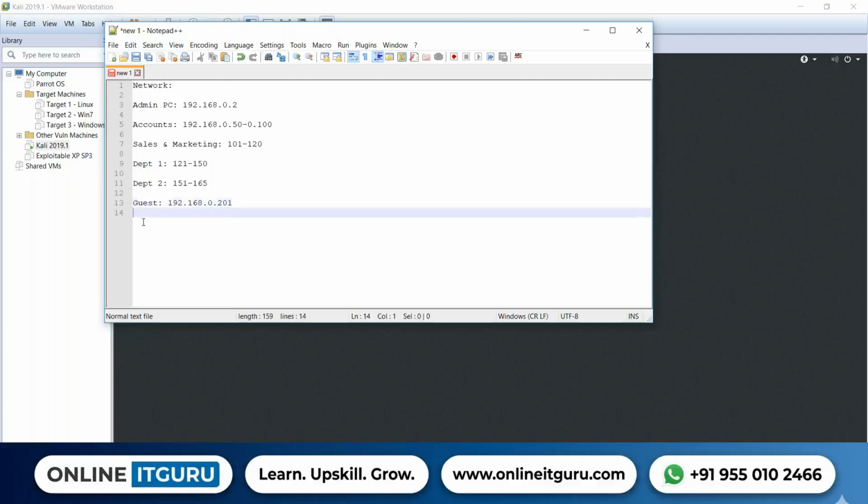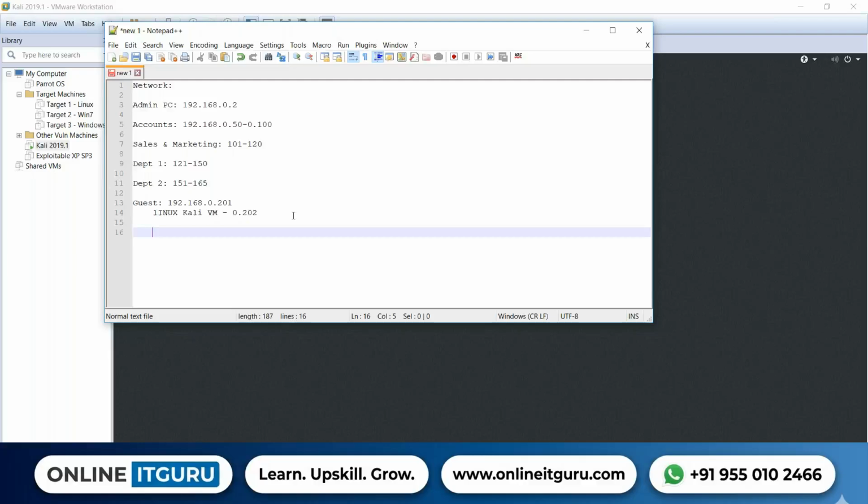So when you connect as a guest, you'll also boot up your Linux Kali VM, and your Linux Kali VM would get another IP address, which would probably be 202, right? This is your Linux Kali VM, and it has an IP of 0.202.